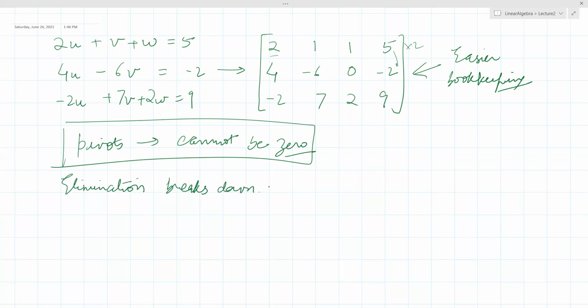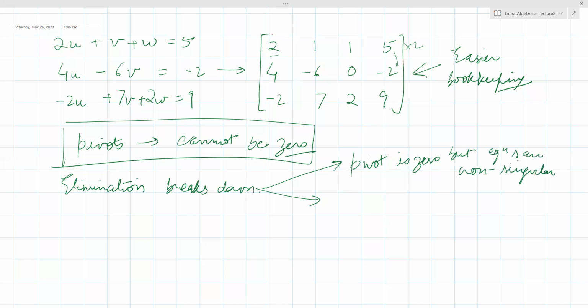So there are two possible reasons for elimination breaking down. One is that your pivot has become 0, but your equations are non-singular. You still have a unique solution. We'll see an example of this in a moment. And then if we have a singular case, we'll definitely break down.